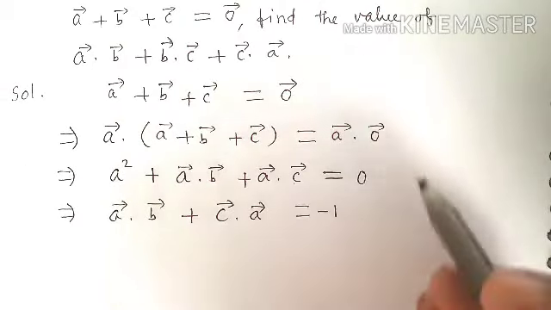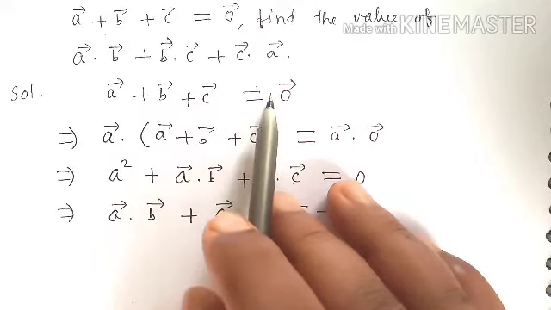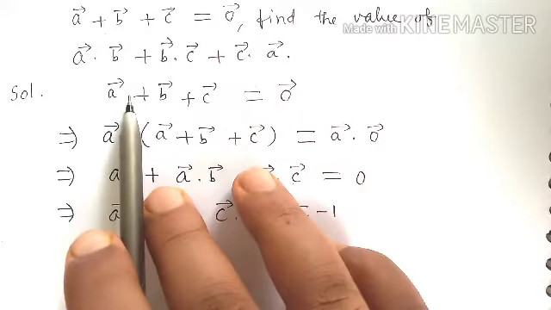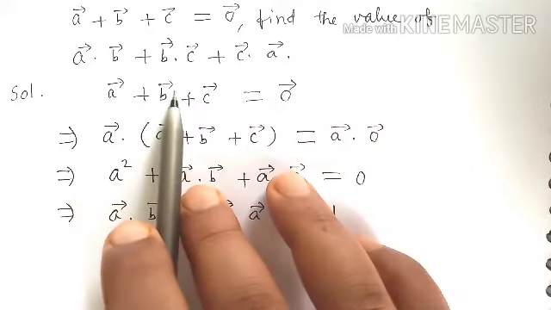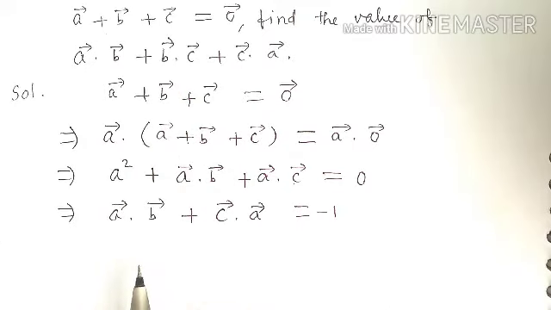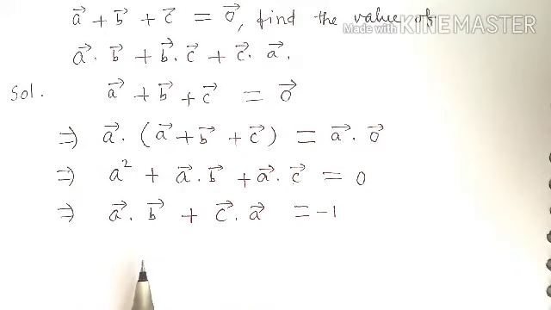If we take vector B dot on both sides, then we get vector B dot vector C plus vector A dot vector B is equal to minus 1.